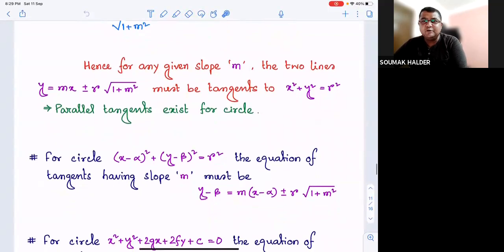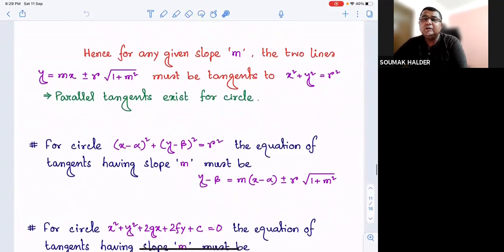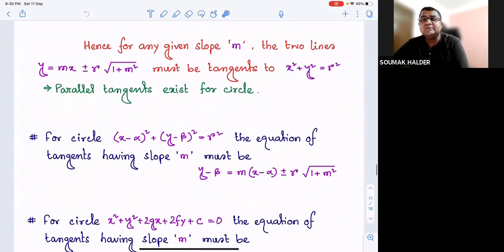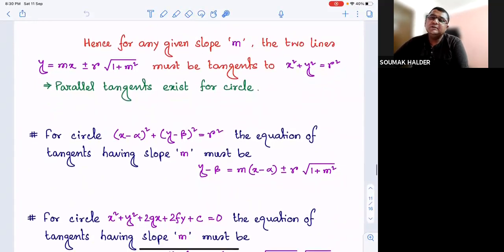So on a similar note, when we consider a circle in its standard general form, then to have its equation of tangent with slope m, we will simply consider the center being parallelly shifted to minus g comma minus f, and the radius of reference is now root over g square plus f square minus c.